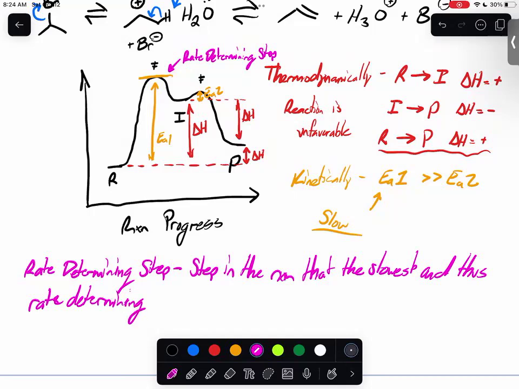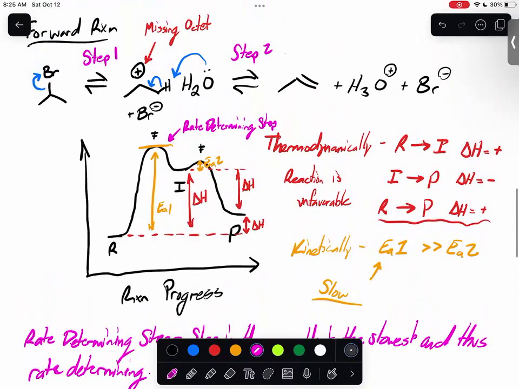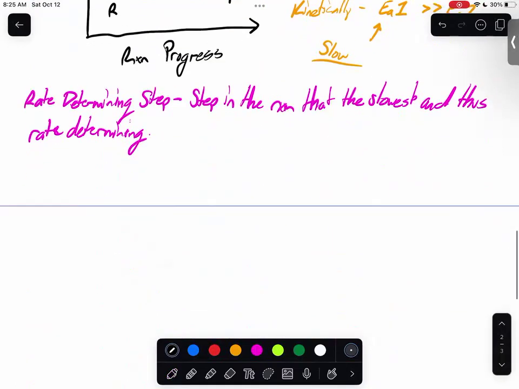Okay. And so whenever you see something with a very high activation energy peak, you can think of it as probably being the rate determining step. So if this is the forward reaction, what does the reverse reaction look like?